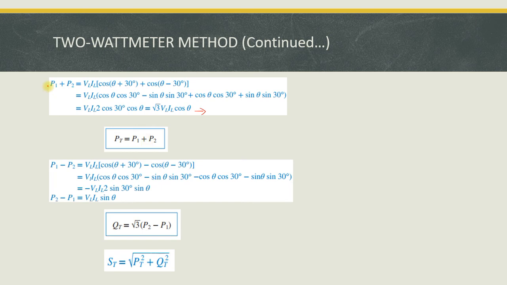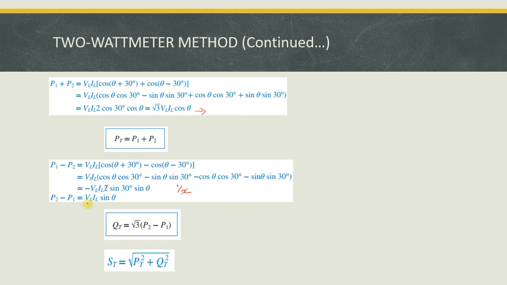Suppose I subtract these two powers, P1 minus P2, and do the expansion. My final formula is equal to minus VL IL into 2 sin 30 degrees into sin theta. We know that the value of sin 30 degrees is 1 by 2, so this 2 and this 2 cancel. The minus sign goes to the other side, and the resultant equation is P2 minus P1 equals VL IL sin theta.